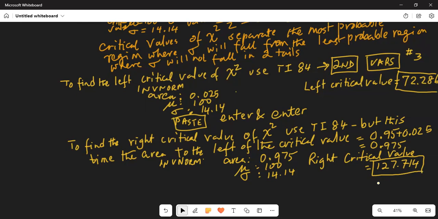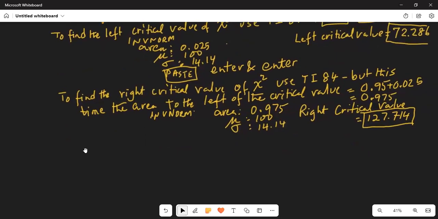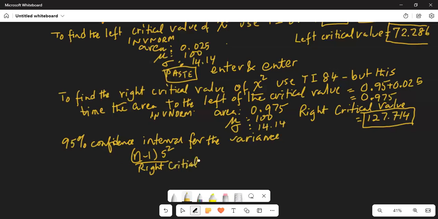So let's move up a little bit. The 95% confidence interval for the variance will now be given by n minus 1 times s squared divided by the right critical value of chi-square, less than sigma squared, less than n minus 1 times s squared divided by the left critical value of chi-square.